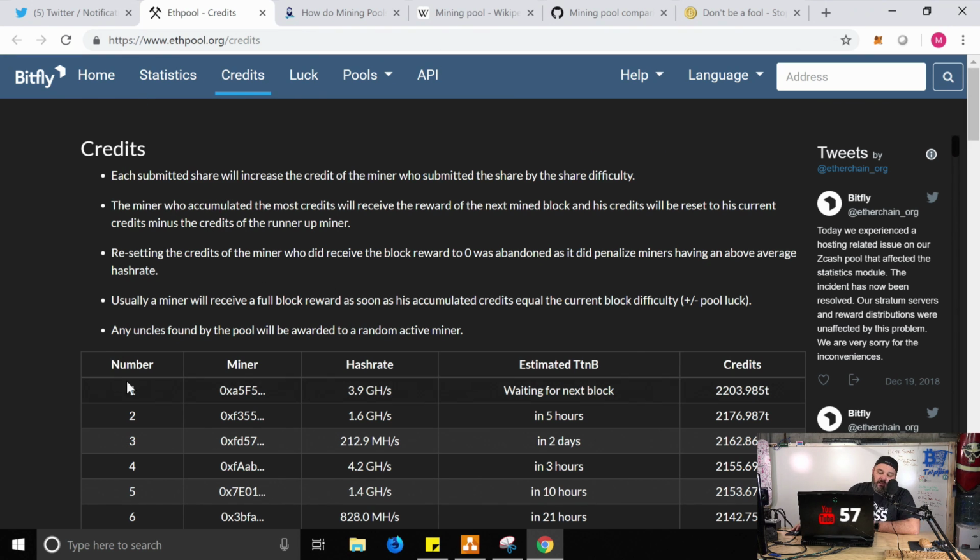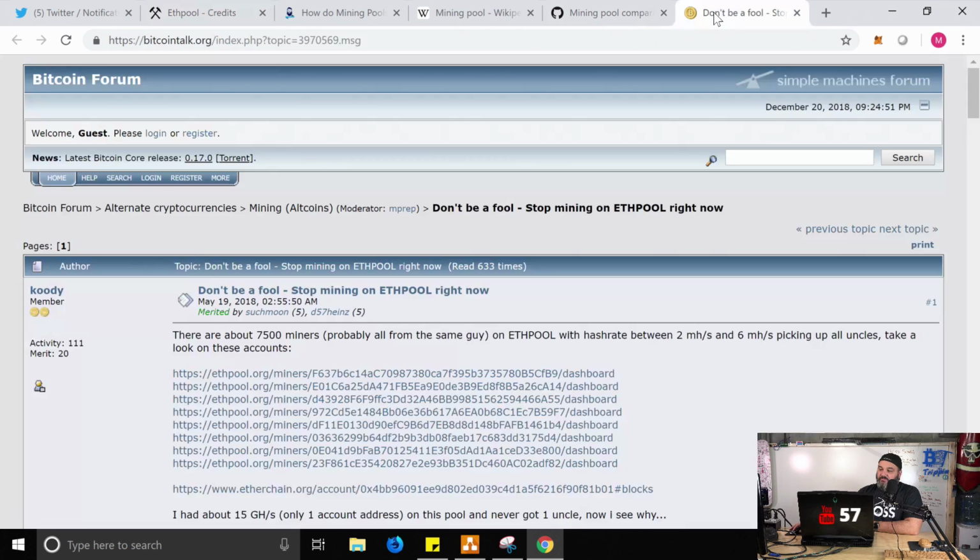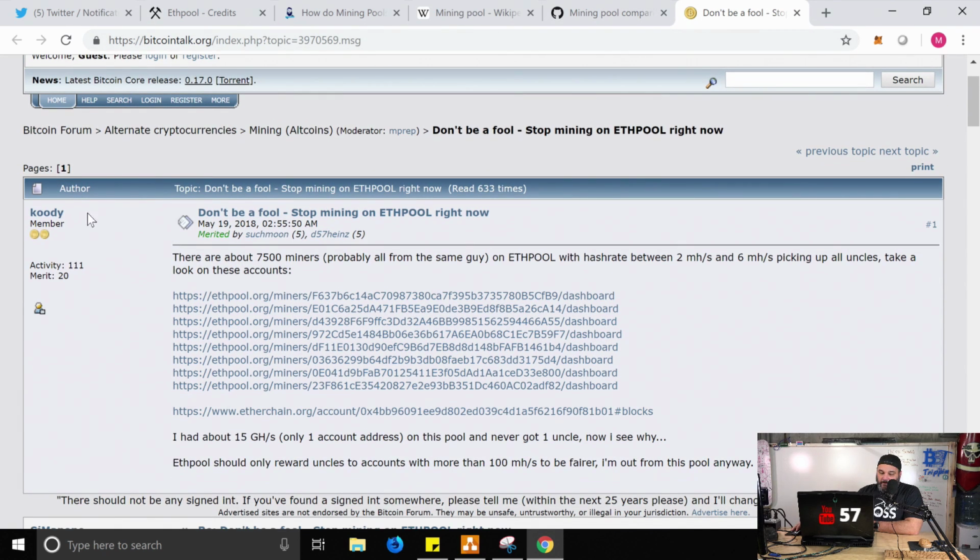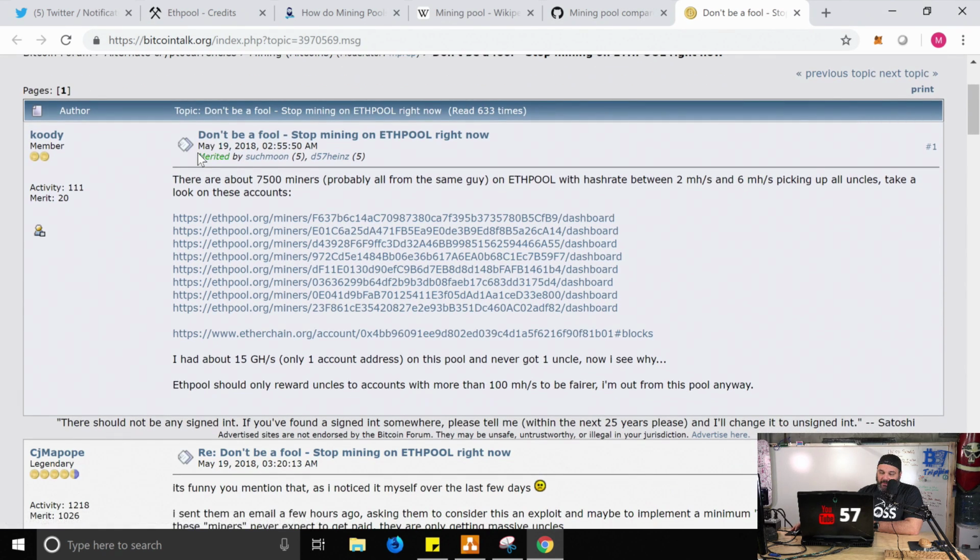So what's happening here is you have people that can do this, where I pull up this example from May 2018 where somebody put out about 7,500 miners between 2 to 5 mega hash. Essentially what they're doing, this behavior, is to get a high chance count and just work the probability.